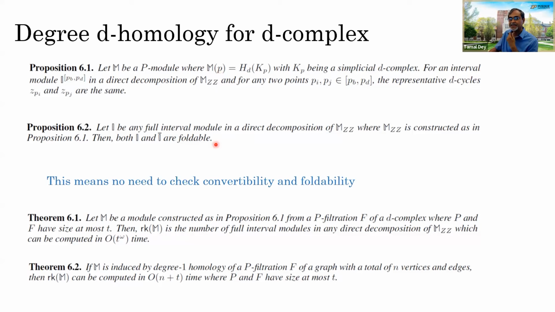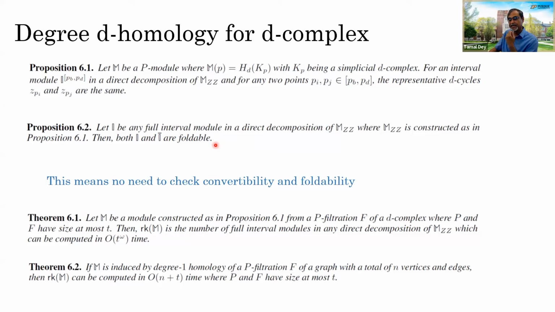Basically, in particular, in this case, you just take the zigzag module MZZ and count the number of full intervals. That's enough. In this particular case, that will give you the rank.